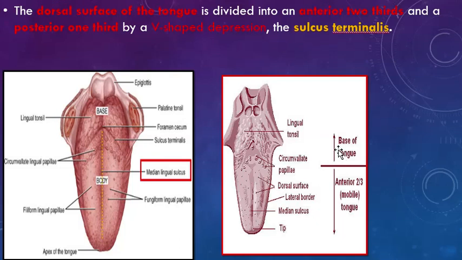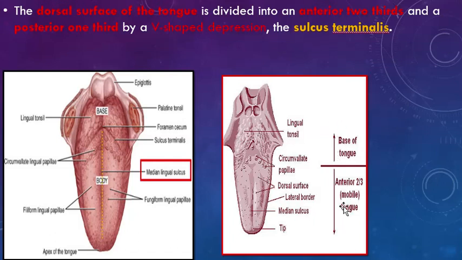The posterior is the base of the tongue. The anterior constitutes 2/3 of the total mass of the tongue, and the base or posterior part of the tongue constitutes 1/3.